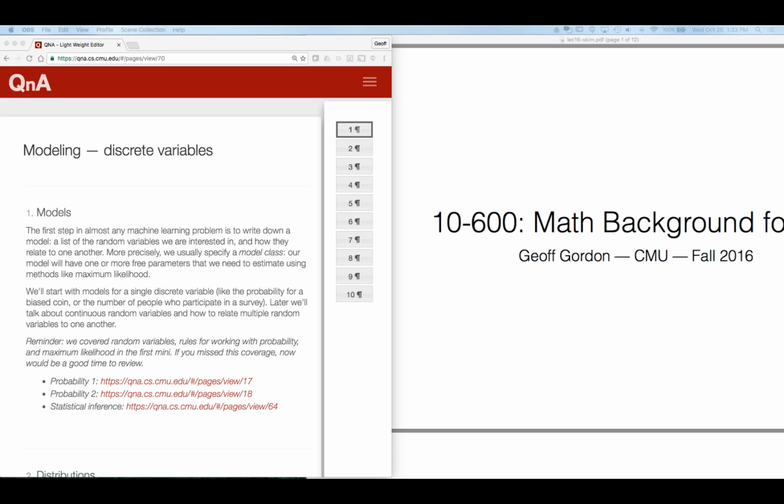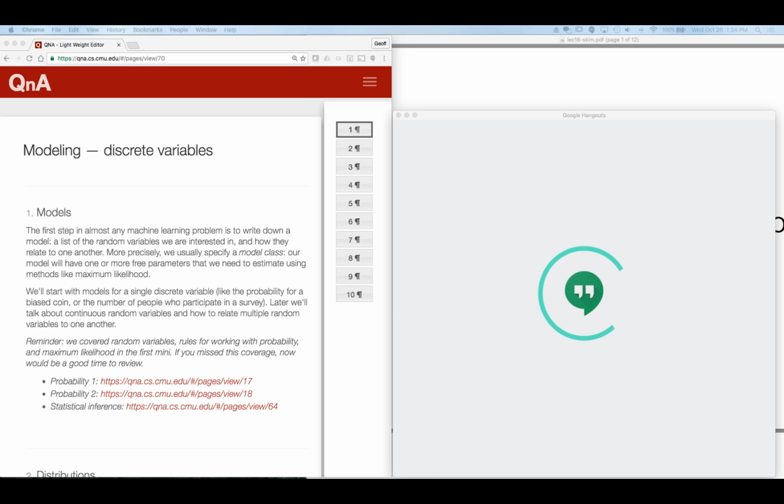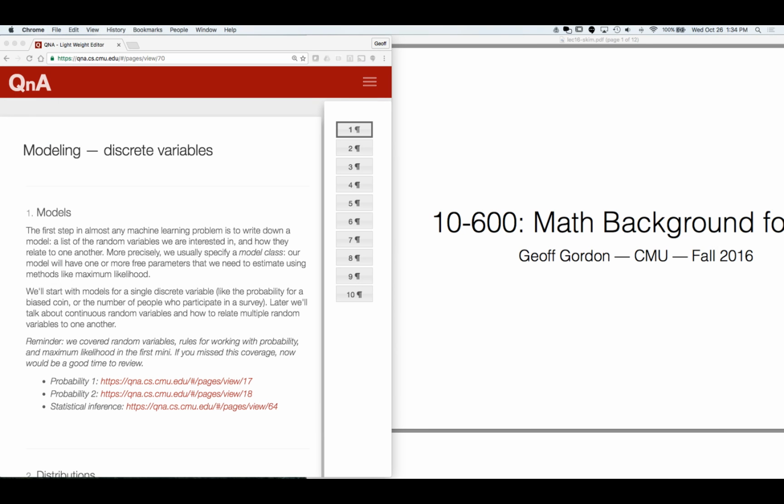So I've put links to that information in the lecture notes, and I'll try to do that whenever we use something extensively that we used in the previous mini. Always feel free to ask questions about that material, and if it's not familiar to you, there's lecture notes available from the previous mini, so go ahead and have a look at those.